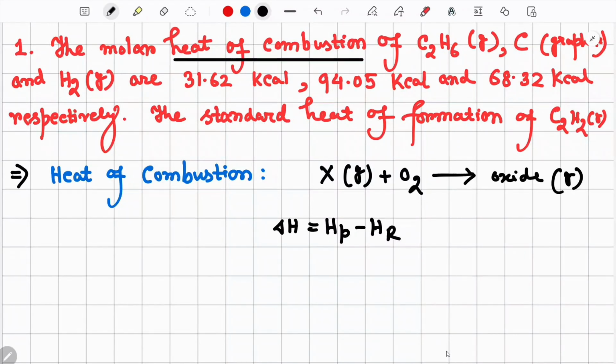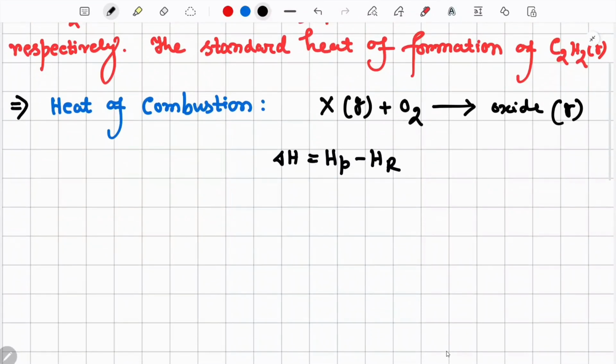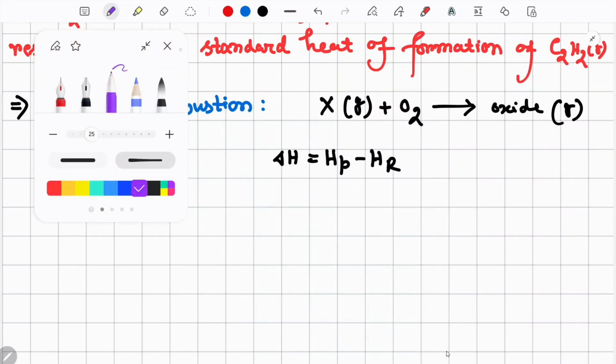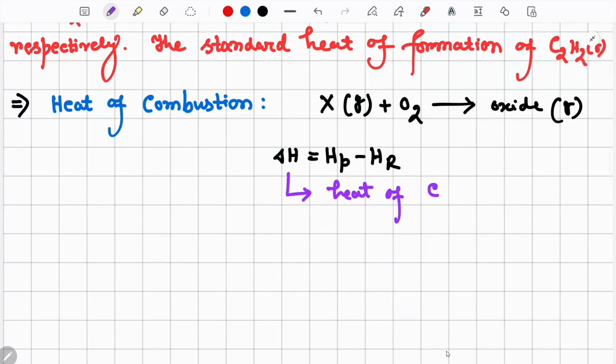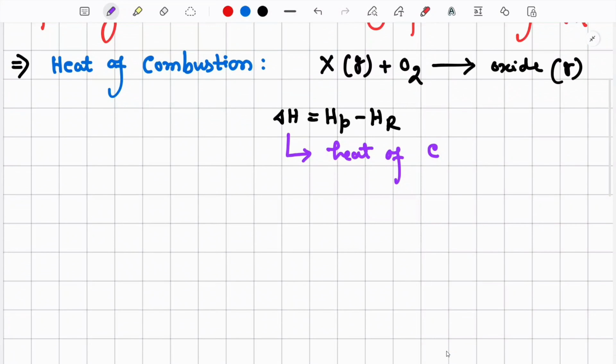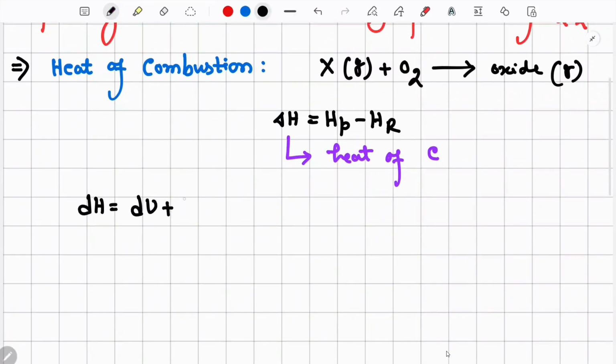So this delta H is called heat of combustion, because here delta H will be equal to the heat Q. Why should delta H be equal to Q? What is the definition of dH? Because these reactions are at constant pressure. Yes, constant pressure. That's why.